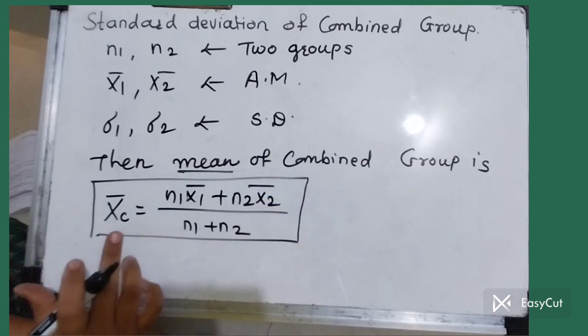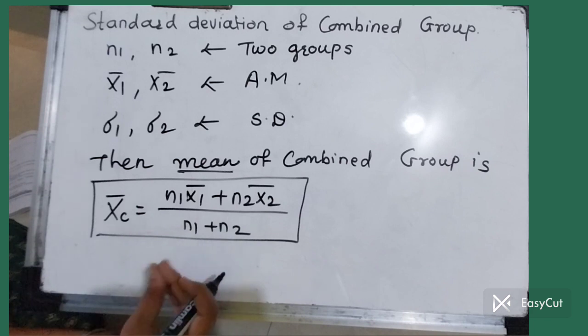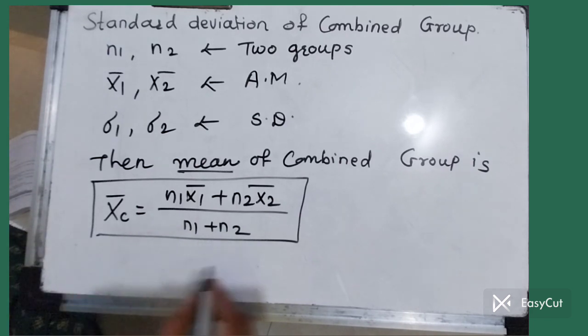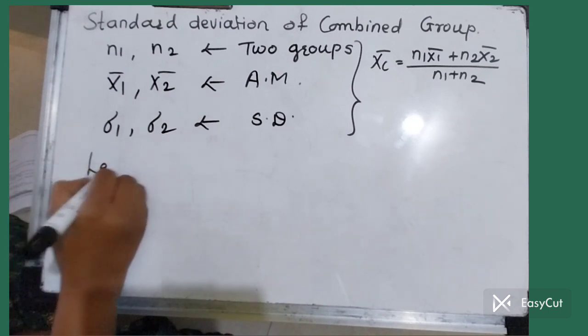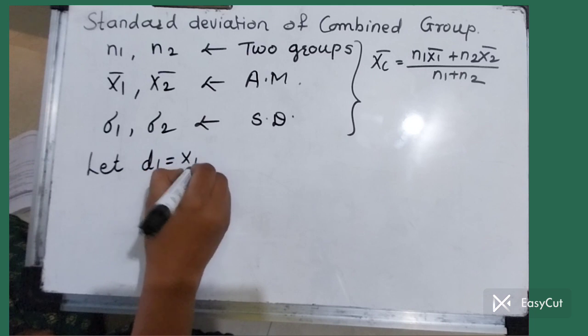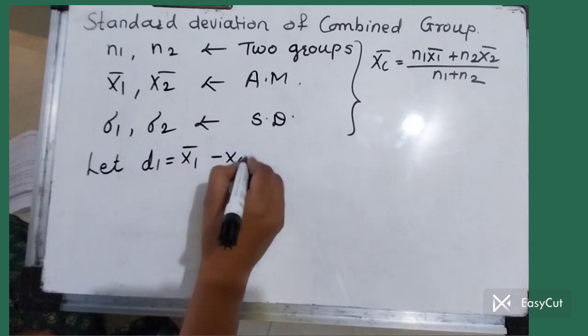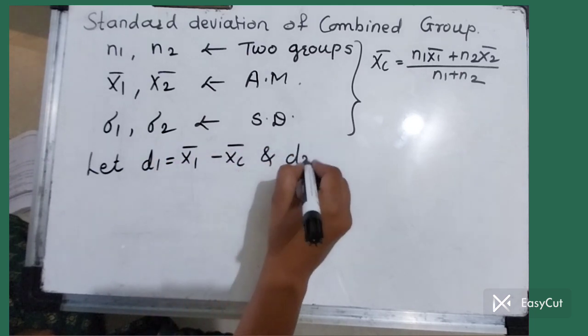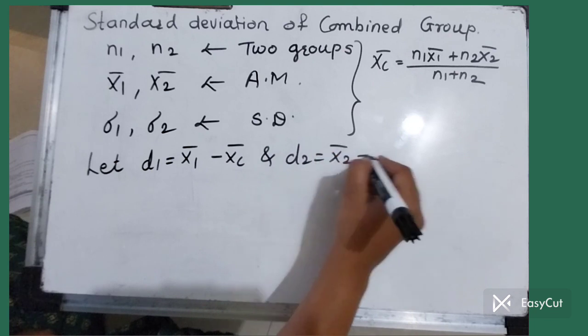Moreover, for the standard deviation of combined group, let d1 equal to x1 bar minus xc bar and d2 equal to x2 bar minus xc bar.